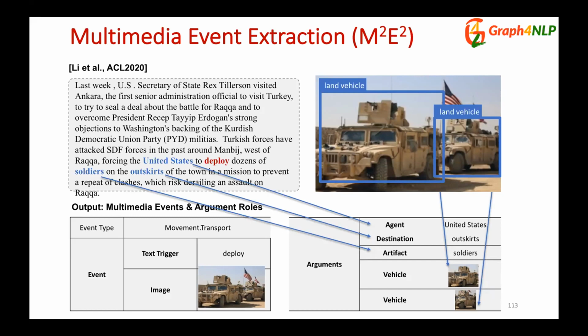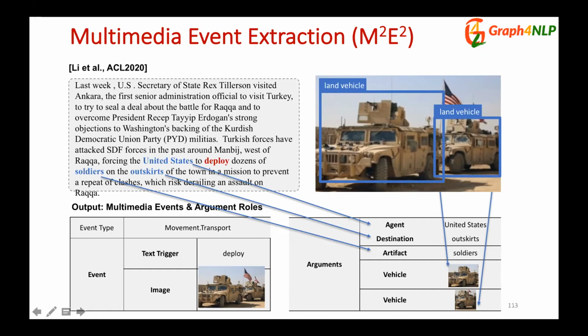However, most of the existing work ignores the graph structure inside the video and inside the image, and does not align the information on a structure level. If we take a close look at most of the images, for example in news media, we often can see some interesting structures. For example, this picture shows us there's a movement event, and we can see this is a vehicle.